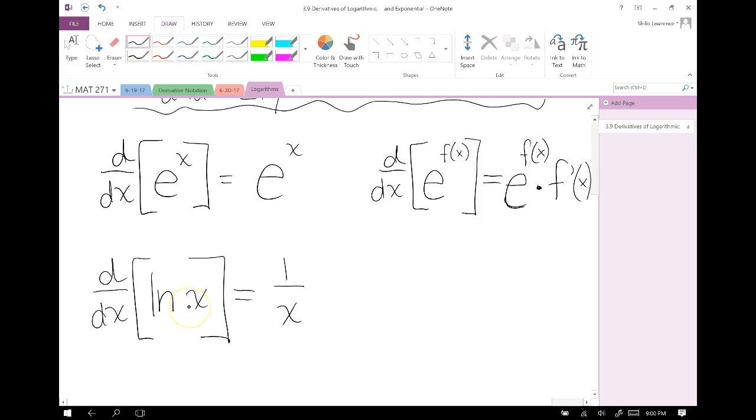If we put something else inside of that natural log, then we have to treat it like a chain rule. So the derivative, and actually let me go down to the next line because I'm going to write this out in a couple of steps.